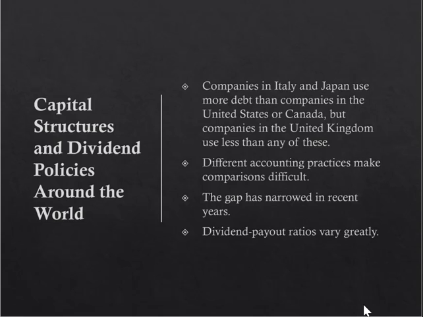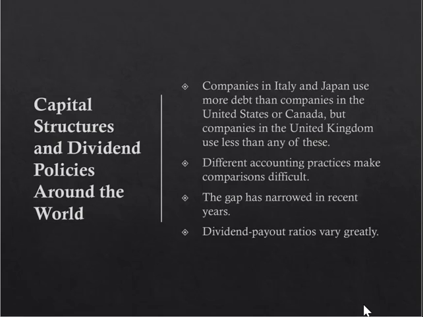Different accounting practices make comparisons difficult, although for those of you who are accounting scholars, there's an accounting standard called IFRS, International Financial Reporting Standards, and GAAP is moving toward IFRS, as are other international accounting standards, and they're getting more and more similar, and the gap has narrowed in recent years.